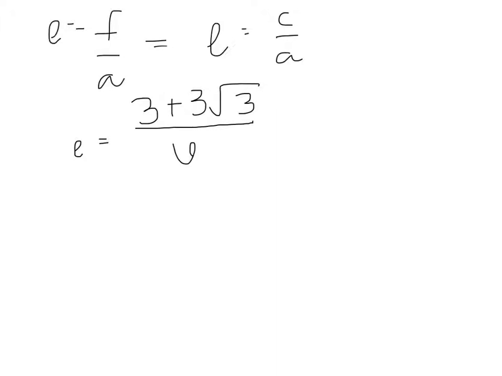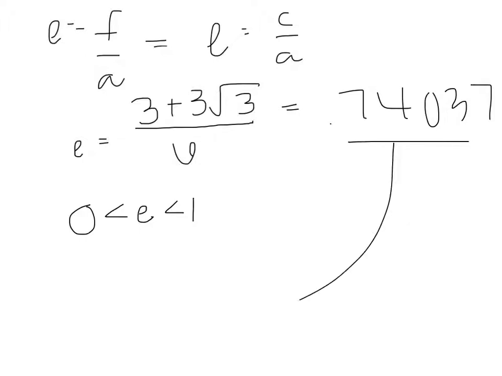And we know that our e value has to be greater than 0 but less than 1. If you were to calculate that out, that's about, let me see, 3 root 3 divided by 6. That's about 0.74037, which would fit for this.